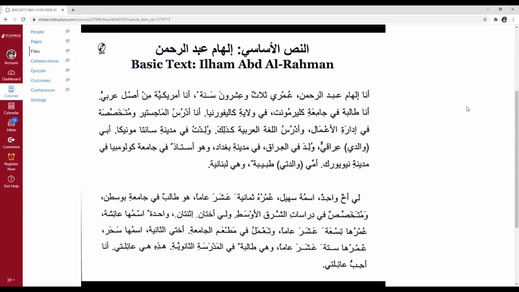She's 19. Very good. And what does she do? هي تعمل في مطعم الجامعة. Okay. What's matam? Restaurant. And matam al-jamia would be what? The university restaurant.